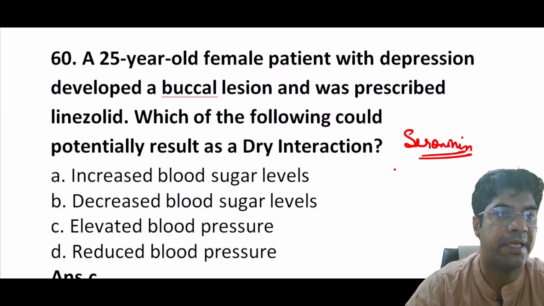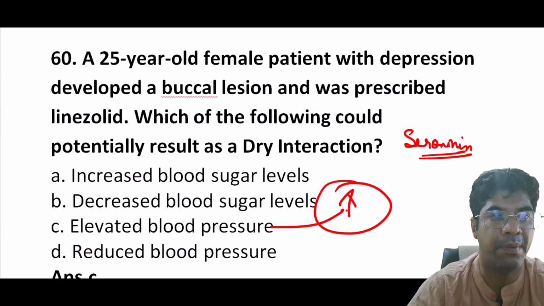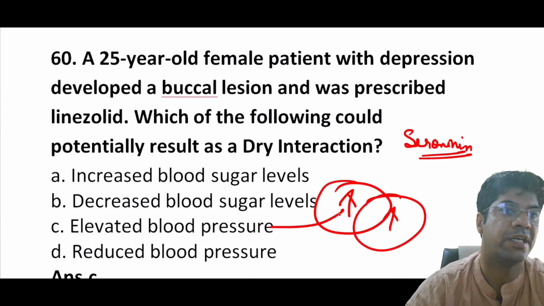So there would be elevated blood pressure. That is the feature. So if the patient is taking medication for depression and is prescribed linezolid while taking MAO inhibitors, it can result in a drug interaction leading to elevated blood pressure that could exacerbate the symptoms of the serotonin syndrome.